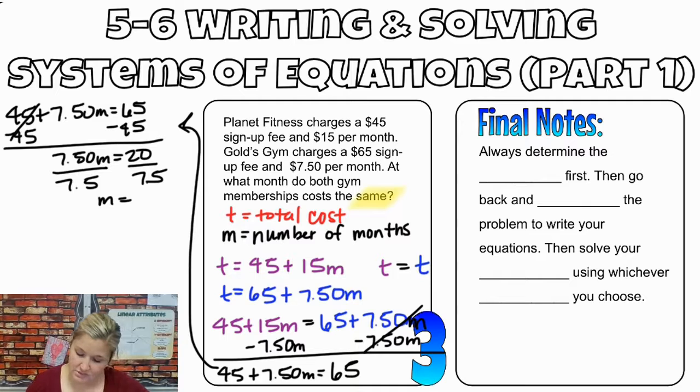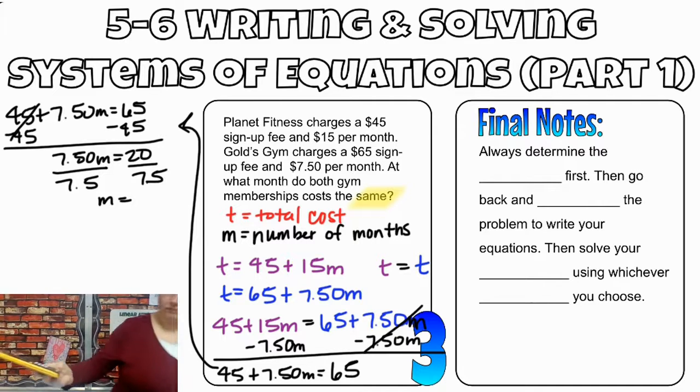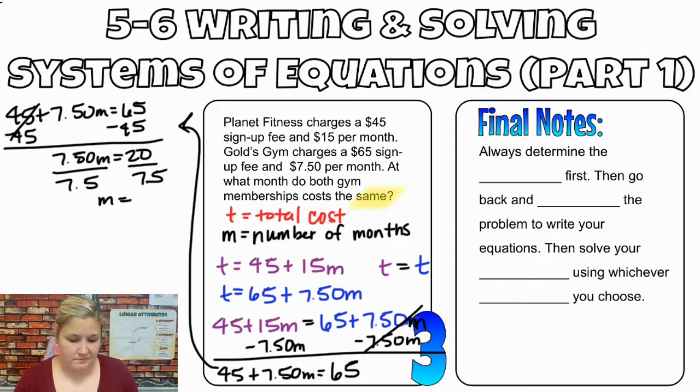And M is going to be equal to 2.67. So at 2 months and 2/3, that's a rounding too.